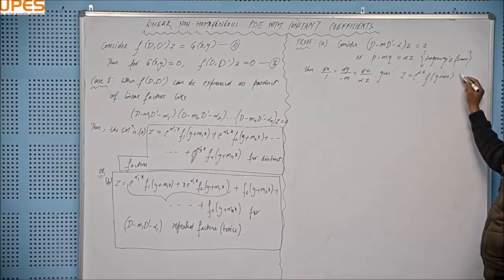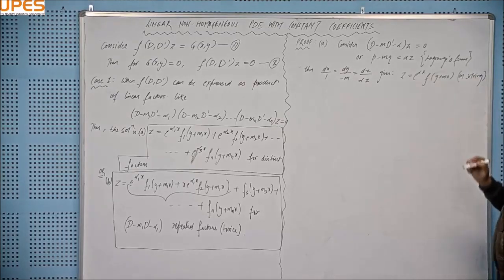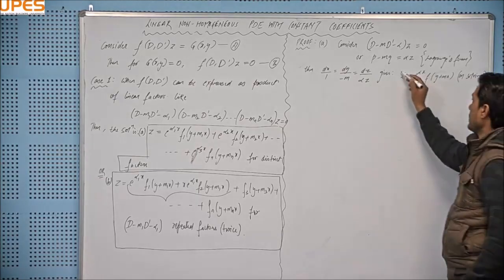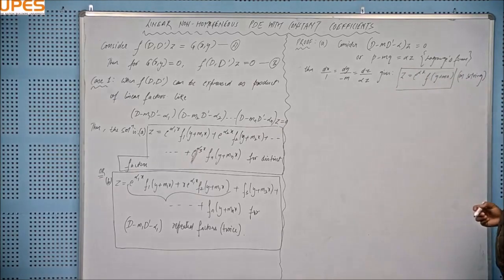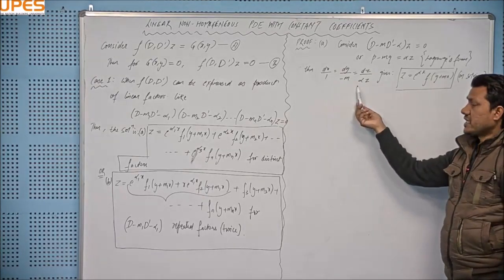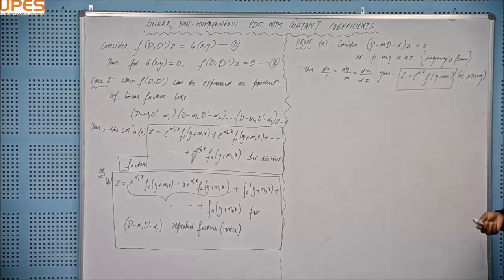On solving, you can easily obtain this. We have done this a number of times. So on taking two ratios at a time and solving, and then writing the solution in this form, you can write this very easily.